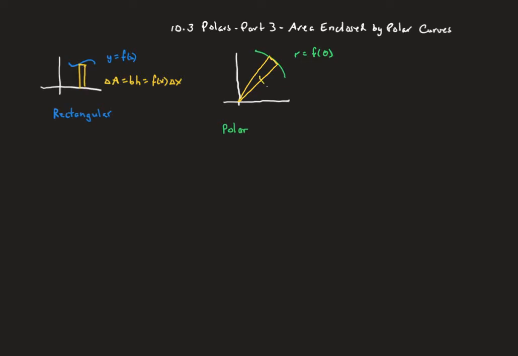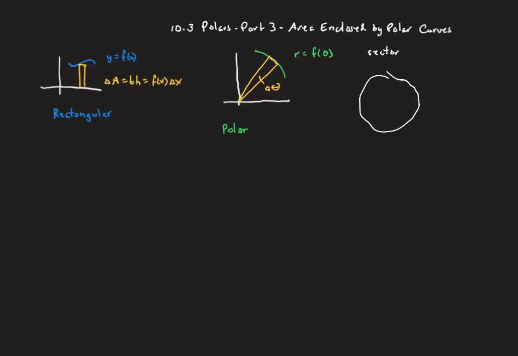So that is going to be a delta theta. So the idea is that this little slice of pizza, if you will, or this little piece of a circle is called a sector.